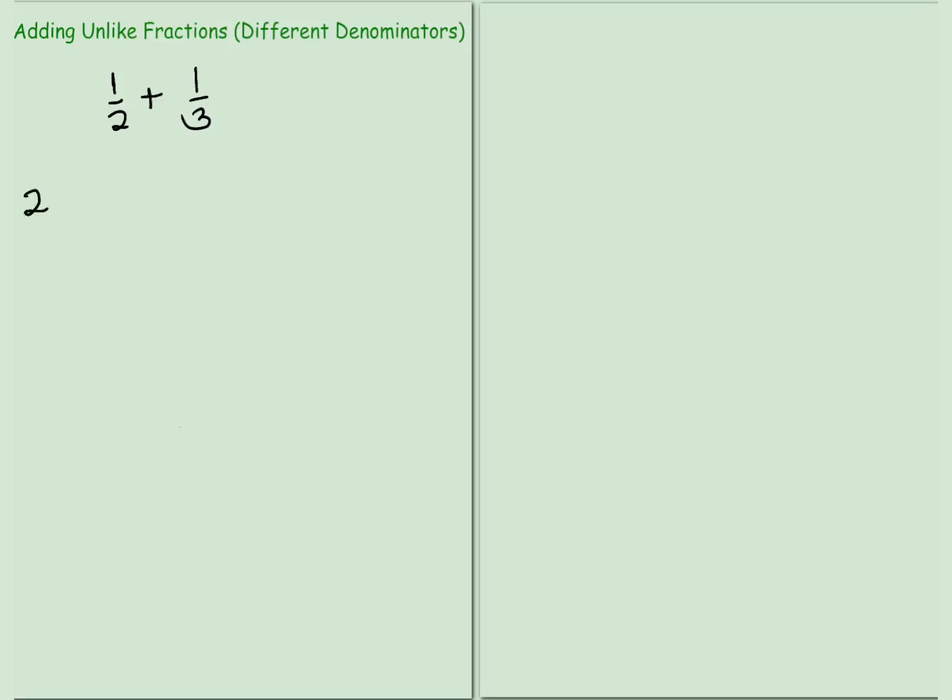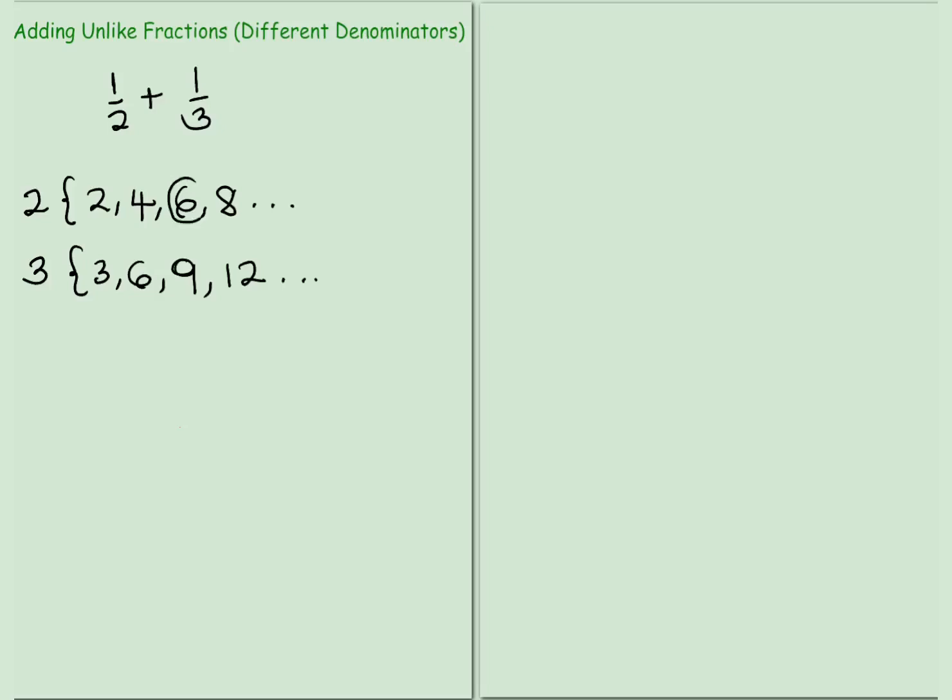If you have 2 and then 3, let's look at the multiples of 2. So we have 2, 4, 6, 8, and it goes on and on. Now, if we take 3 on the other hand, 3 has multiples 3, then 6, then 9, and then 12, and it also goes on. So we are looking at the smallest number that is both a multiple of 2 and of 3.